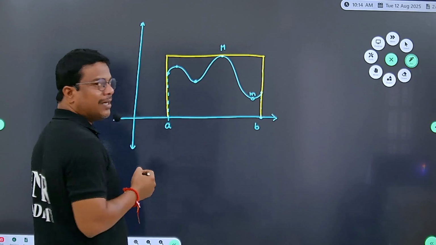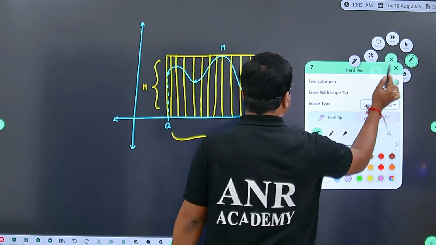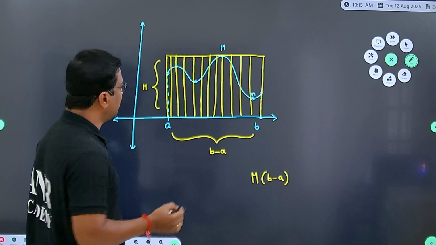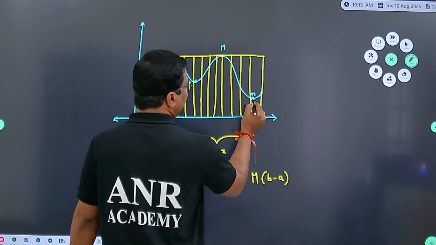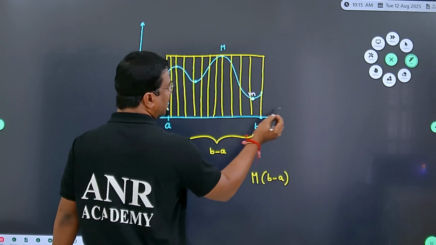Next, now I am going to draw a tangent at small m. Here I am going to draw the tangent. Now observe the area under this line. This area I am going to find now.